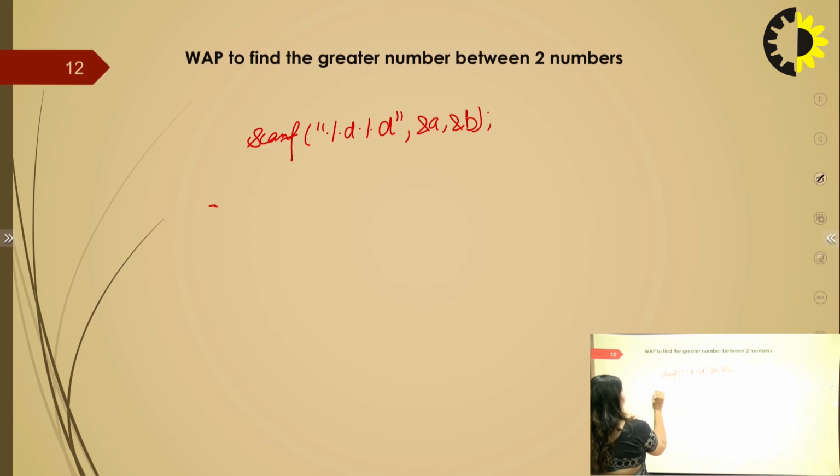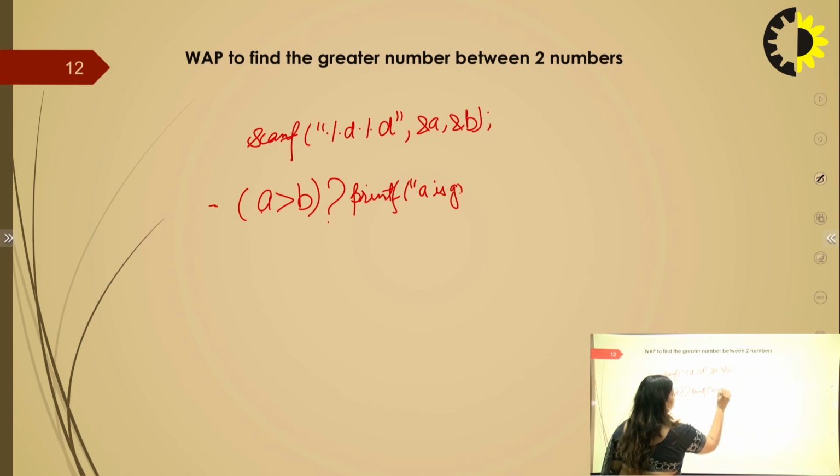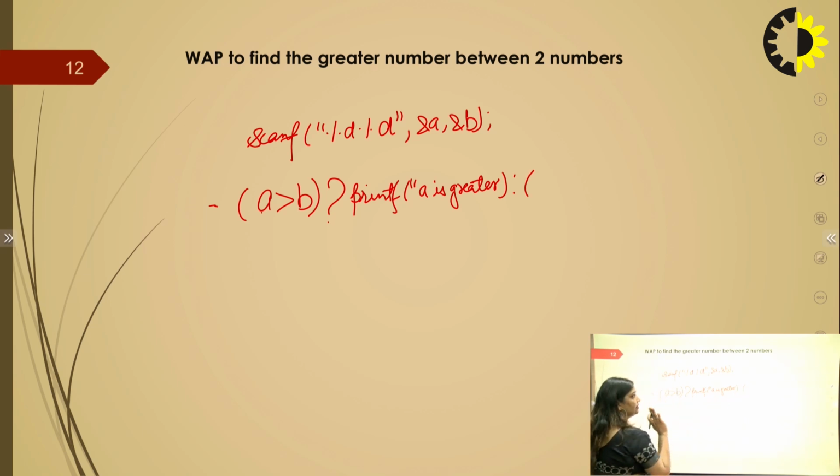The condition is if A is greater than B, then the question mark, and if it is true, then printf. If A is greater than B, A should be printed. So printf A is greater, then a colon, and this will execute if the condition is true.